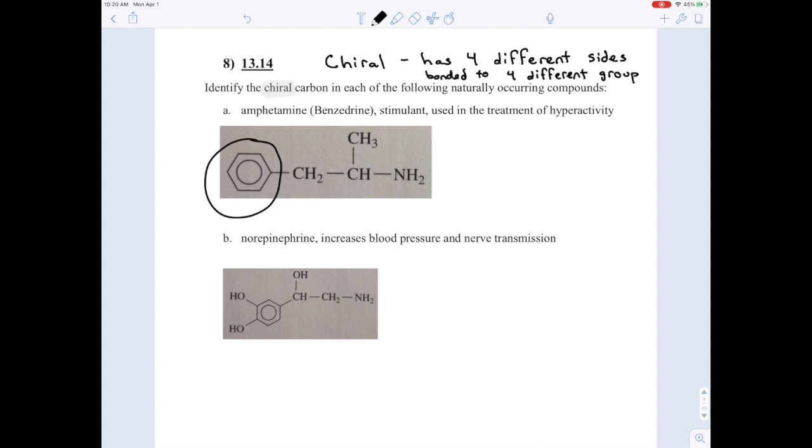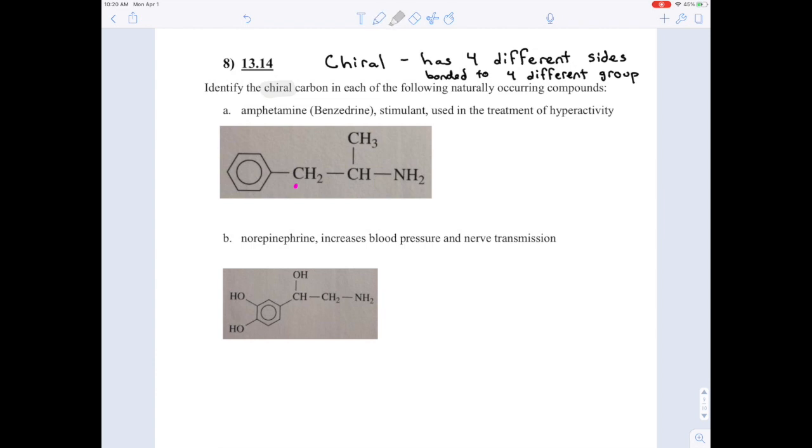If we were to go through that, you would see that each of those carbons is not chiral, because they're only bonded to 2 different things. But let's just focus on the carbons that are drawn. So first, this one on the left. Let's see if that's chiral.